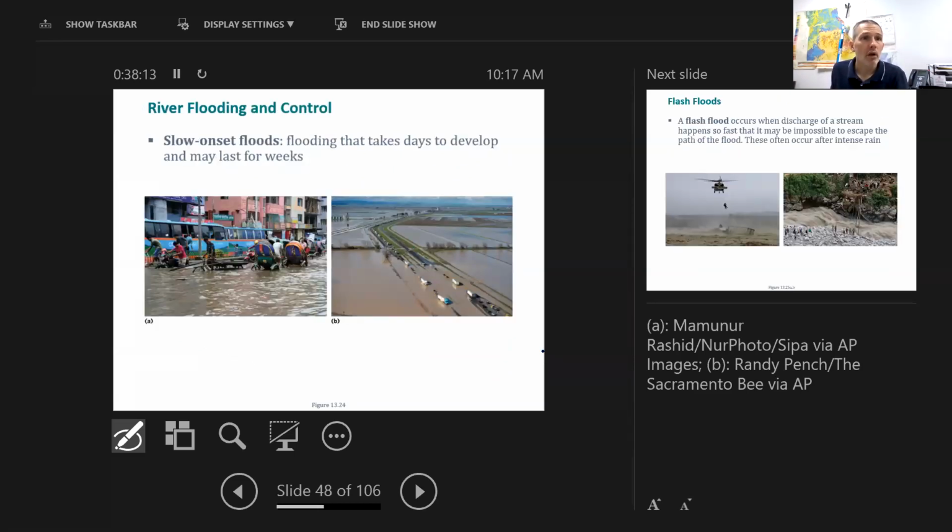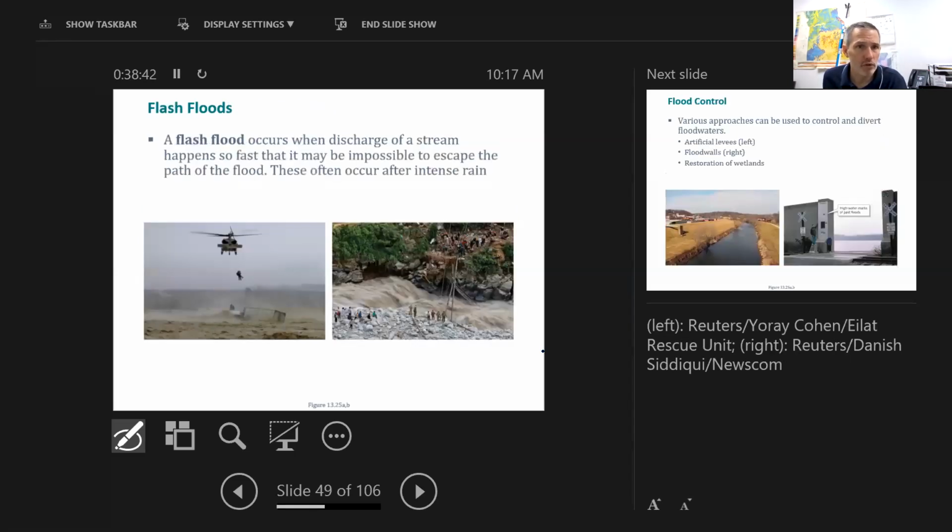Now, when we start looking at rivers flooding, flooding is a natural event that can occur from either heavy rain or lack of drainage. River flooding usually gives us a fair amount of warning, and can take days to weeks to develop, as opposed to flash flooding, which is going to be onset with a very high discharge.